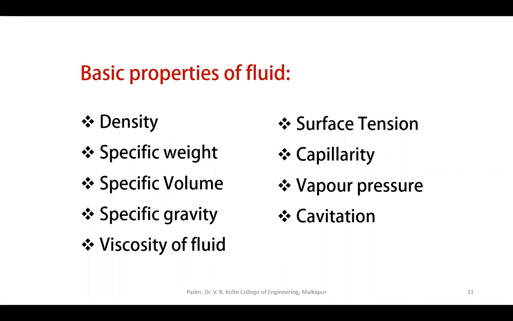So first one is density, second one is specific weight, third one is specific volume, fourth one is specific gravity, fifth one viscosity of the fluid, sixth one surface tension, capillarity, vapor pressure and cavitation. These are some basic properties of the fluid available in the syllabus. So start with our first property, that is nothing but the density.